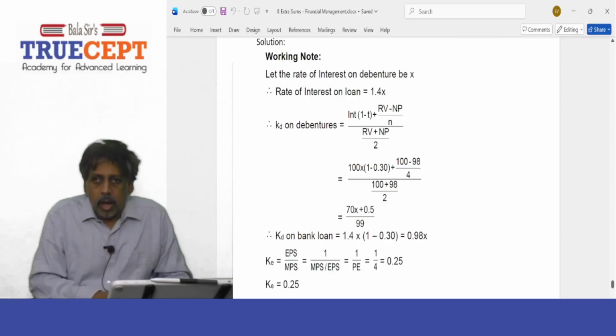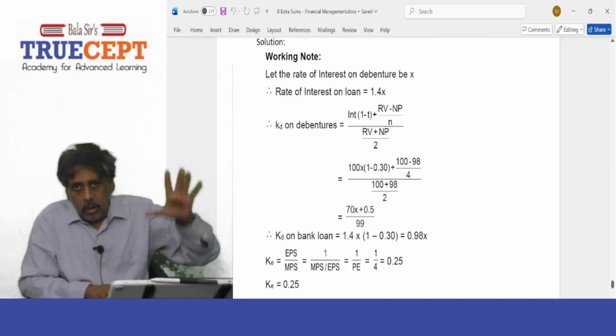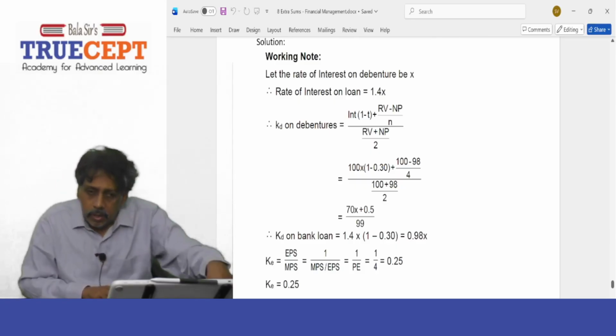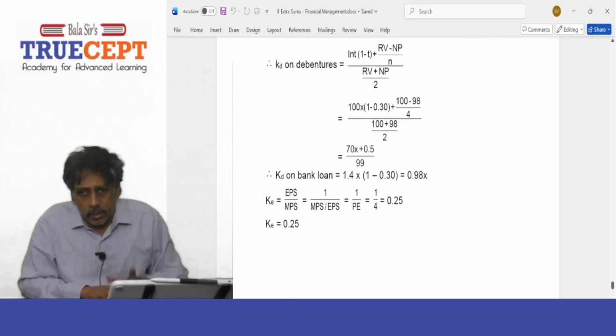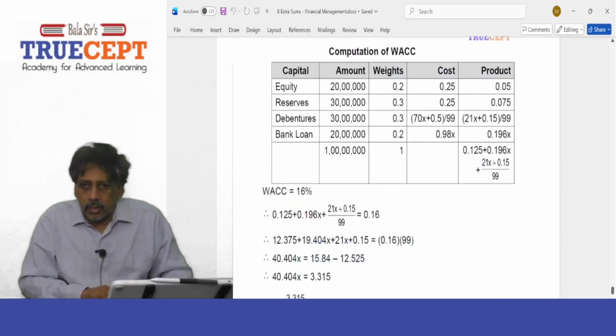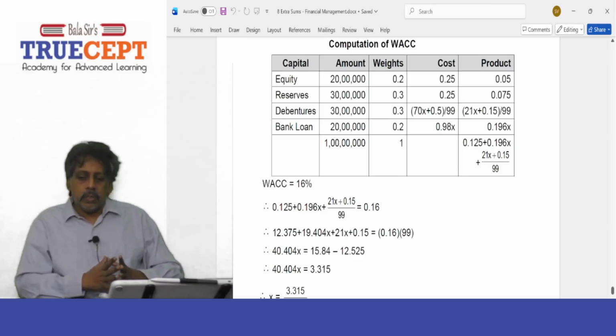Yes, sir. Now we shall make a table, and then therefore the cost of equity, 1 divided by 4, which is 0.25 in decimal format, or 25%, is the cost of equity. And that will be the cost of retained earnings as well, right? Yes, sir. Yes, ma.